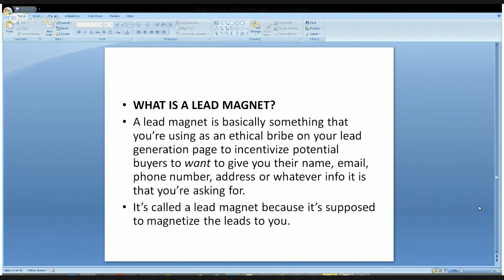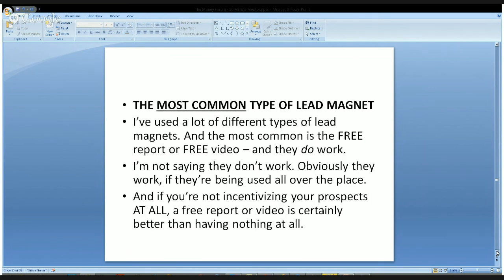You can look at the information they're giving you as payment, the same way that a dollar bill's being handed over. They're paying you with the information that they're handing over, and they want value back for it. And it's called a lead magnet because it's supposed to magnetize the leads to you. Okay? So, important things. Always remember, the more information you ask for, the greater the benefit has got to be in that lead magnet.